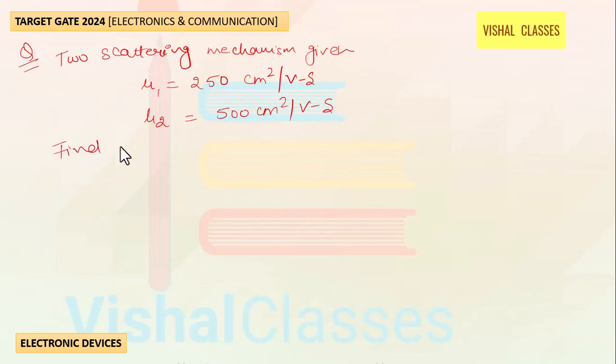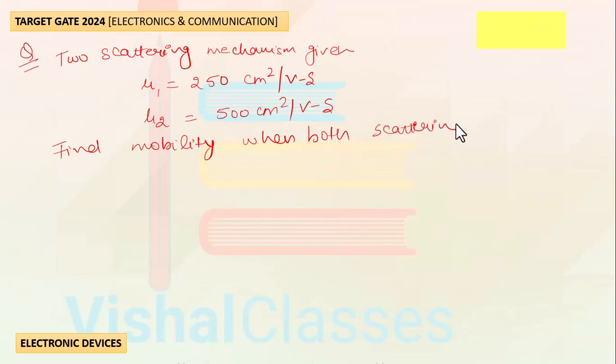Find the mobility when both scattering mechanisms exist simultaneously.